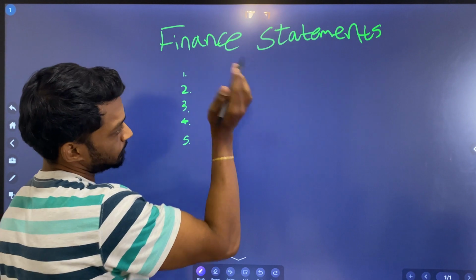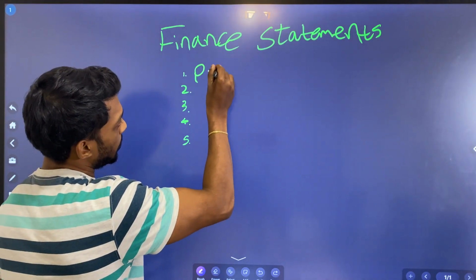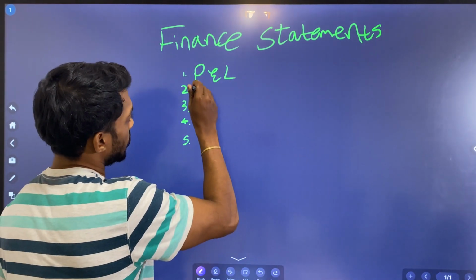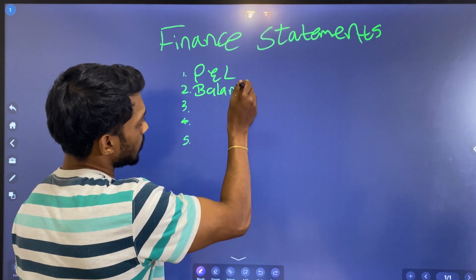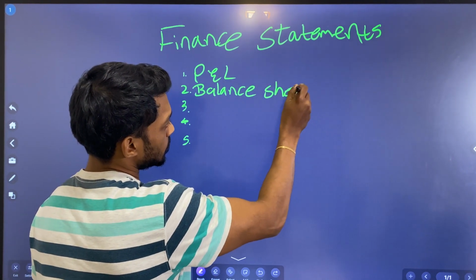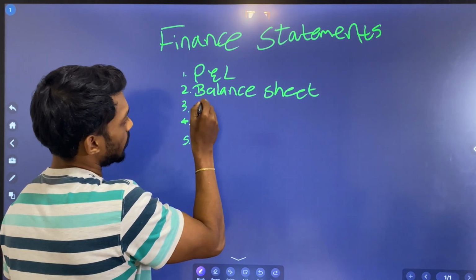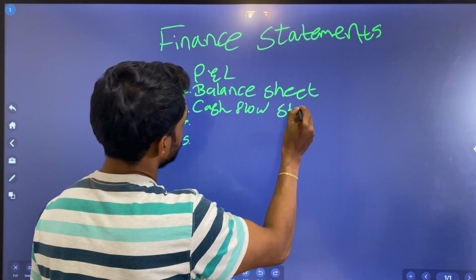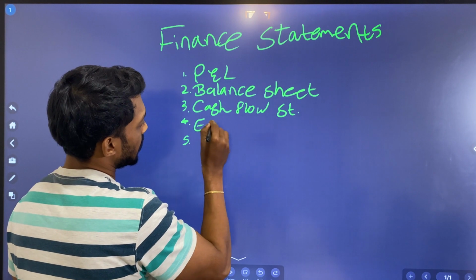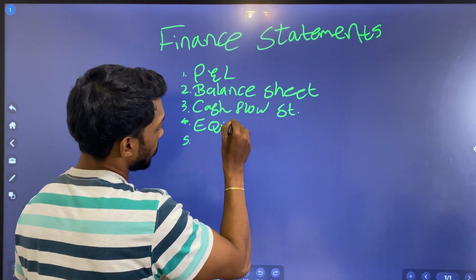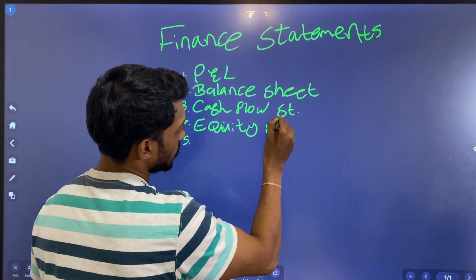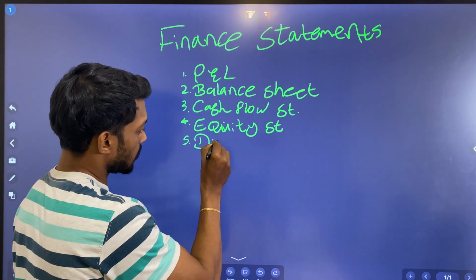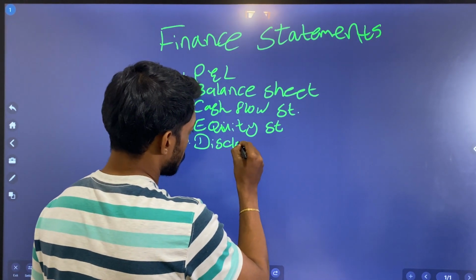One is P&L, which we call profit and loss or income statement, then the balance sheet, the cash flow statement, the statement of changes in equity, and disclosures.